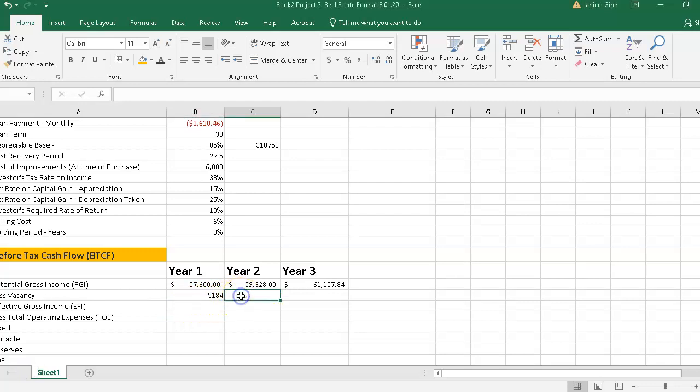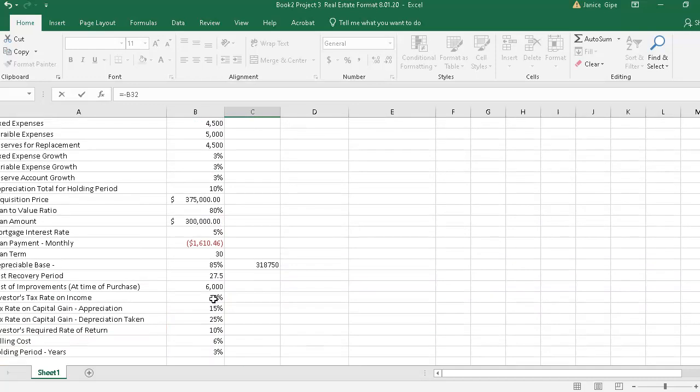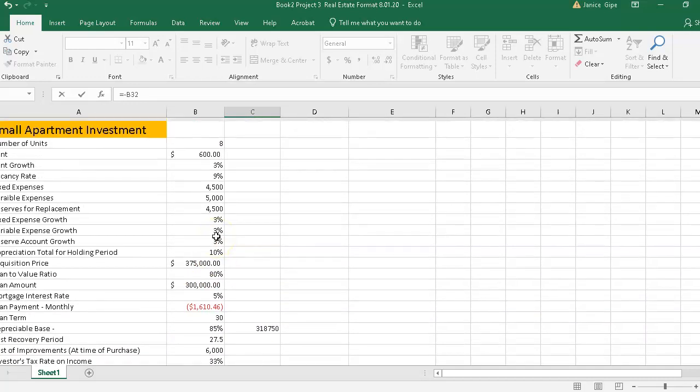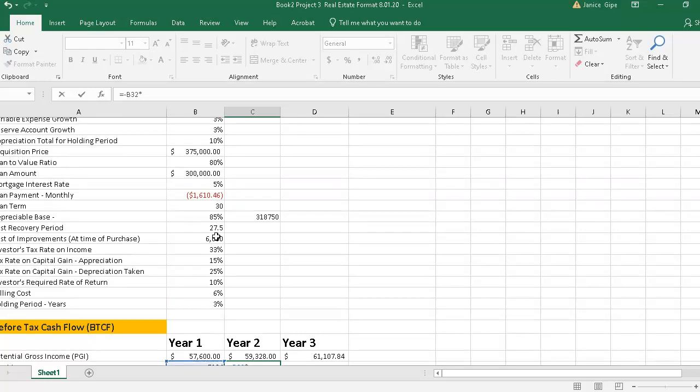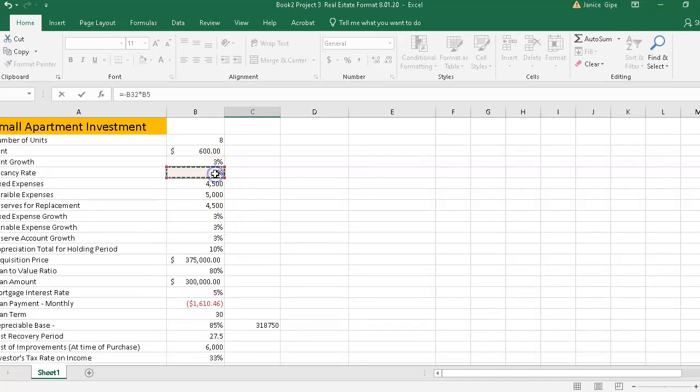So we do the same with year two. We take this number times the 9%.